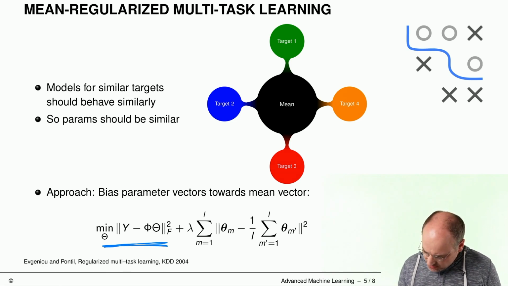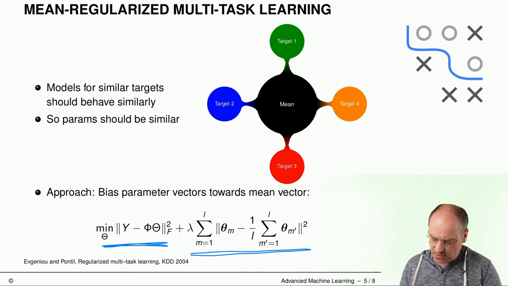And as the second term, we now have a specific penalty construction, which works like this. The idea is that models for similar targets should probably behave similarly, so in that case the parameters should be similar. We introduce this idea into our model by saying, how about we bias parameter vectors towards a common mean vector?